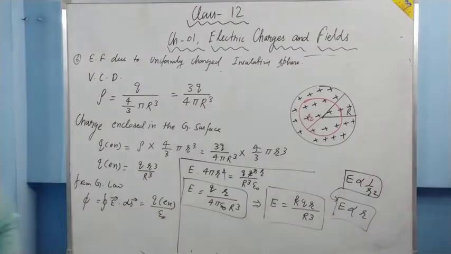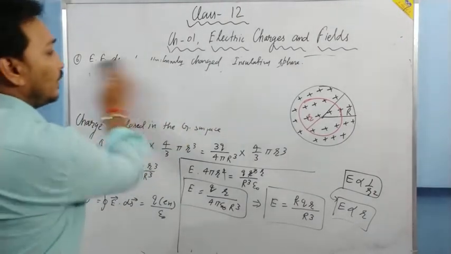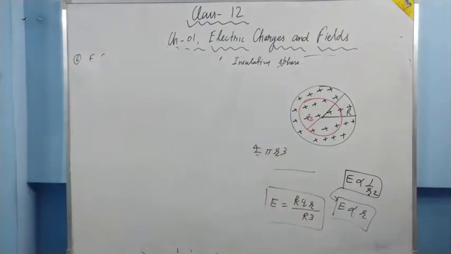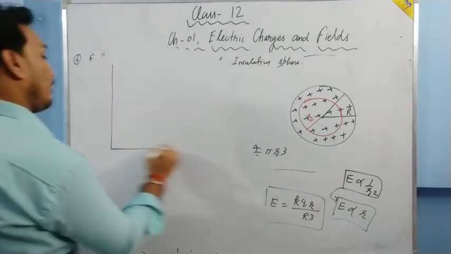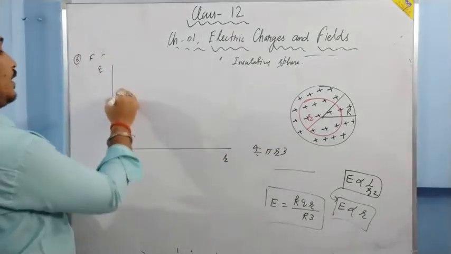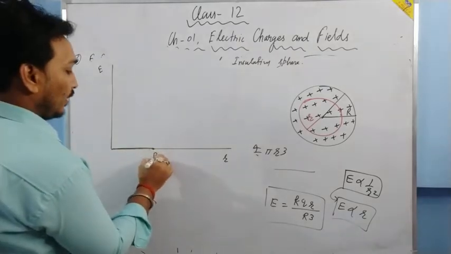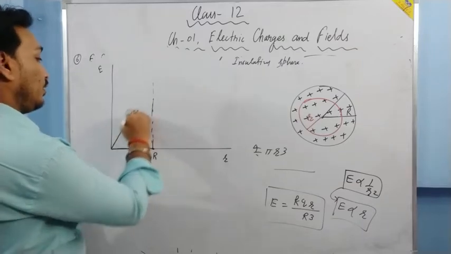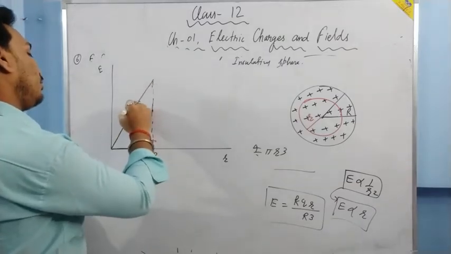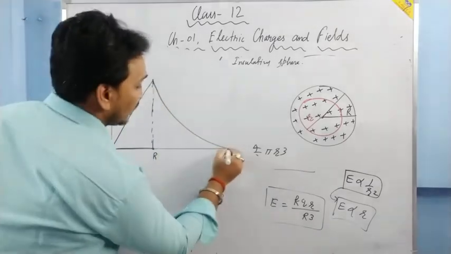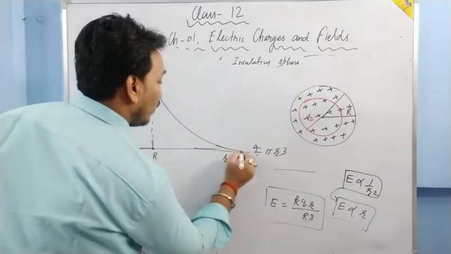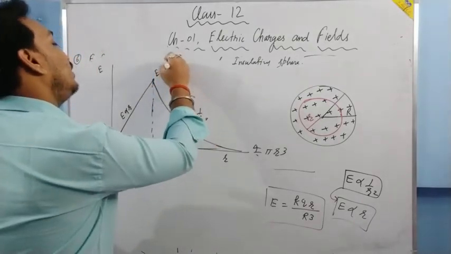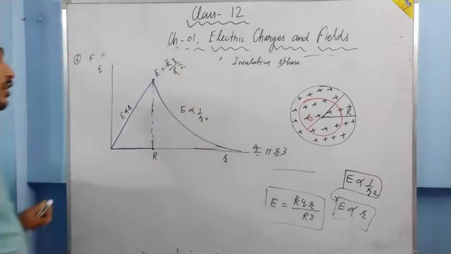So when we plot graph for the variation of electric field, then how will that graph be? If this is r, this is E. So till small r is equal to capital R, which is the radius of the sphere, electric field is proportional to small r, and then after it decreases, E is proportional to 1 by r square, and it has a maximum value of E is equal to kq upon capital R square.